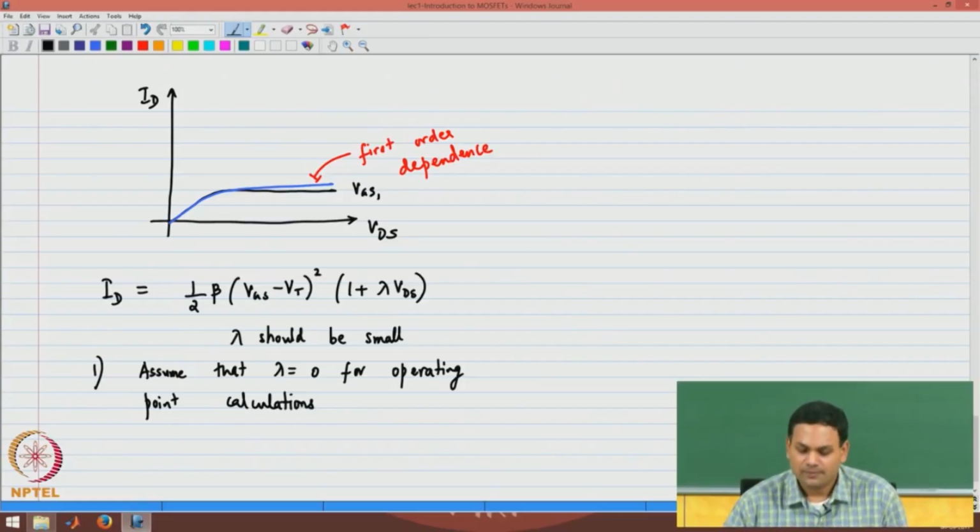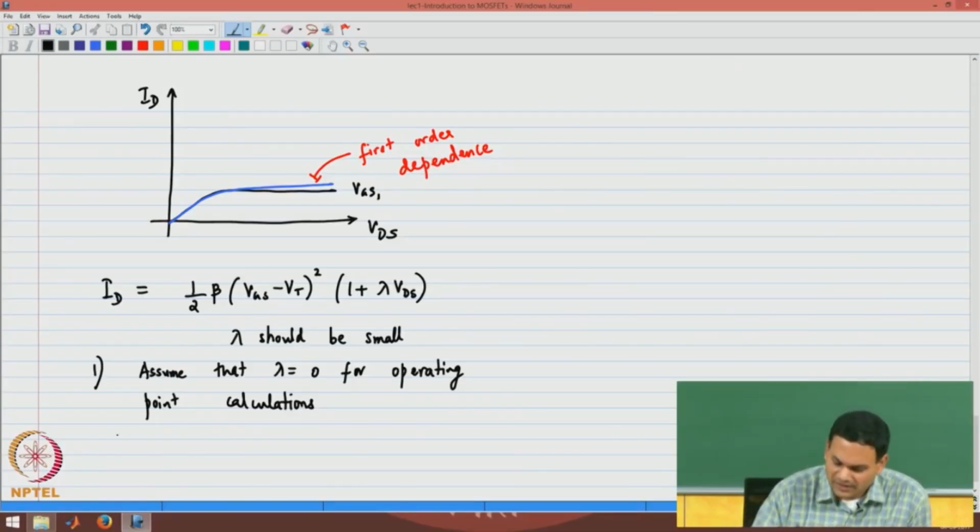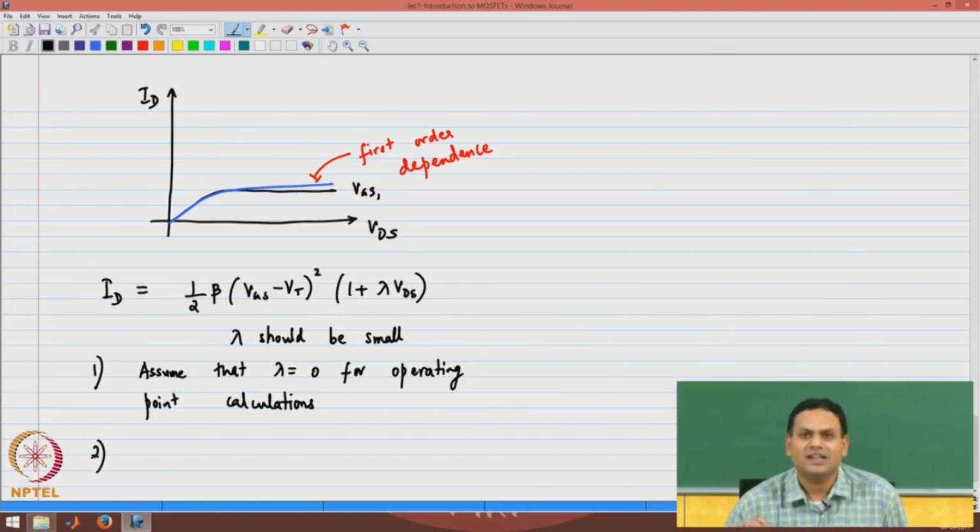In other words, if you want to find out the drain current for a given gate source voltage, we will assume that lambda is 0, because lambda is assumed to be quite small, it should not affect your operating point significantly. In that case, why even use a lambda? The reason is, even though it may not affect the operating point calculations, it will still affect the small signal model.